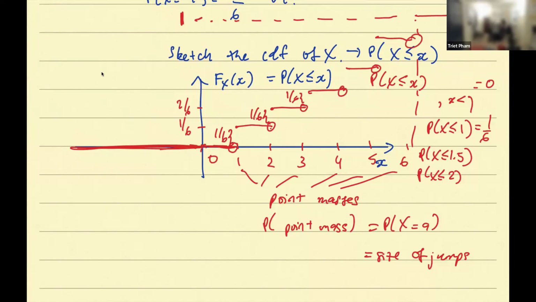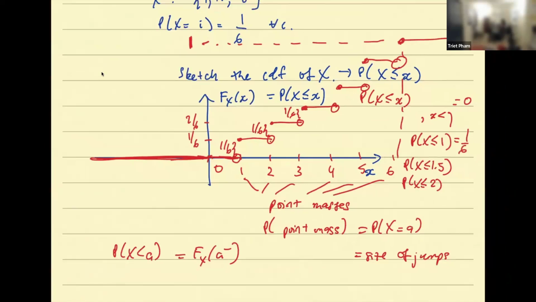Why? Because the probability X less than or equal to 1 is 1/6, so if you touch 1, it jumps up, but before that is the lower value. The probability X less than a is the left limit. So a CDF is right continuous with left limit. Right continuous, so there's a dot above everywhere.